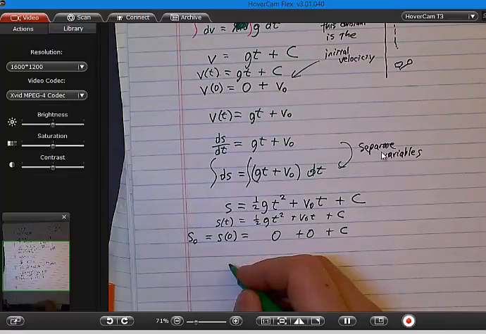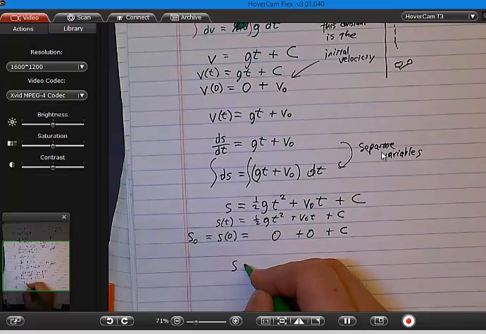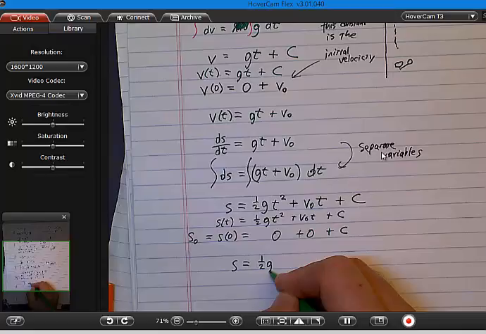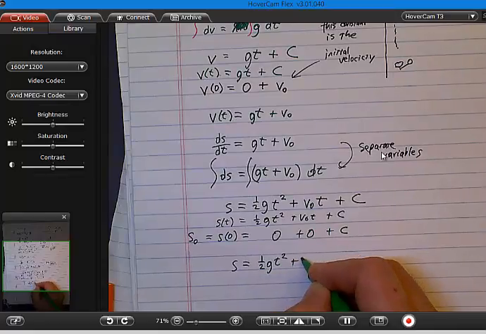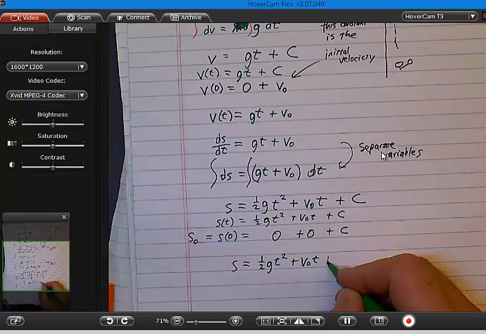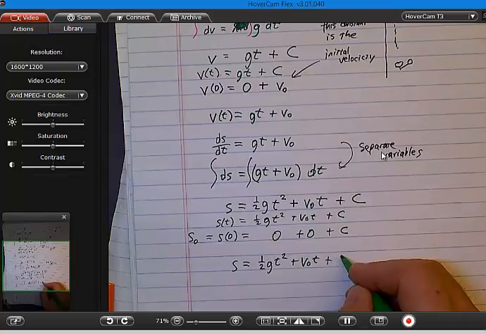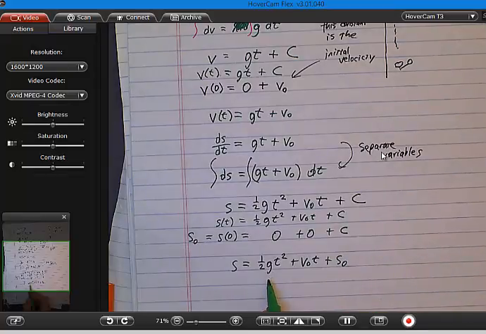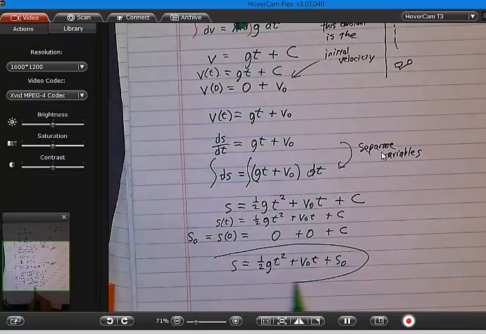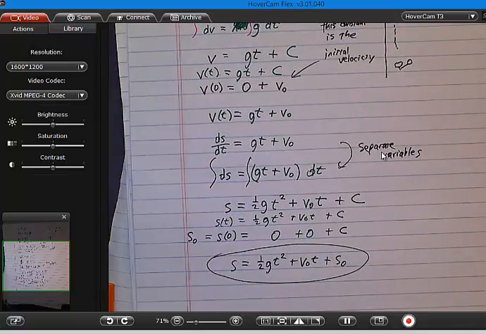S naught we'll call it. And so your physics book very well may have this formula: s equals 1/2 gt squared plus v initial t plus s initial. You might replace that g with an a just for acceleration, but that's going to be one from the book. Some of these other ones are also. And they're really coming from taking antiderivatives of things that you know. So maybe that's kind of cool.